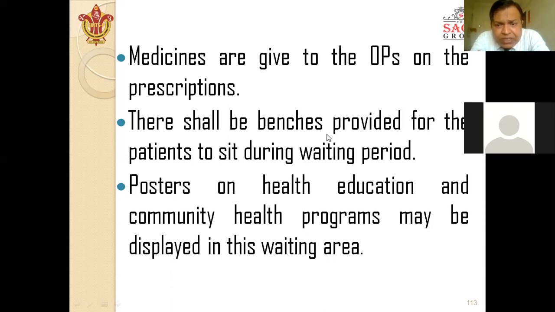There shall be benches. Posters of health education and community health programs may be displayed in the waiting area. Some leaflets and some drug information bulletins they are also keeping in that particular area. Water supply and some good quality air passage are also there for patients.